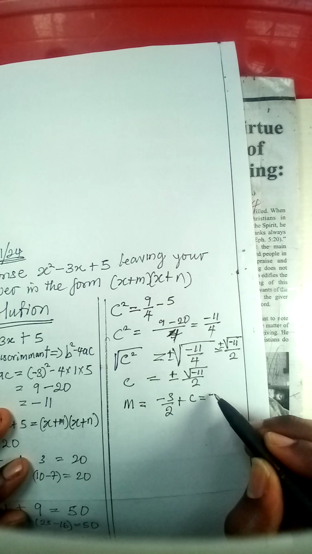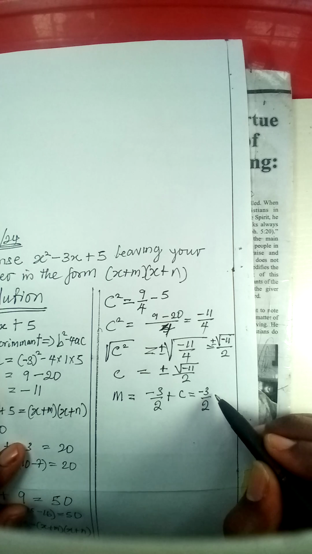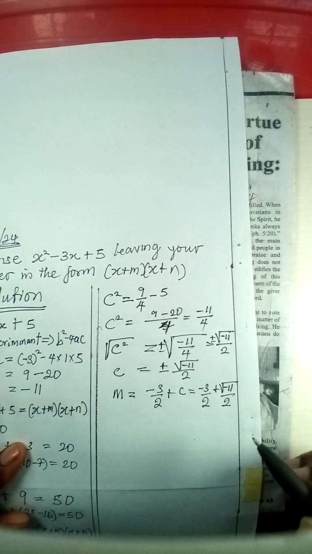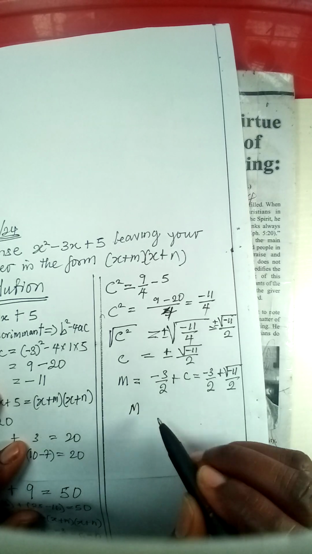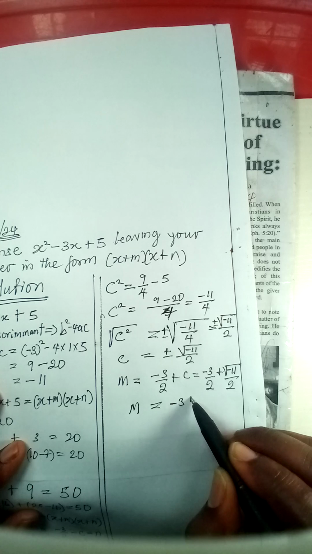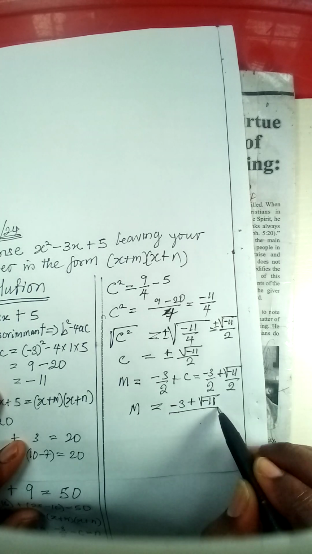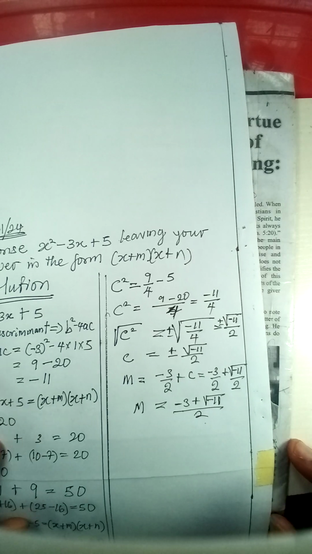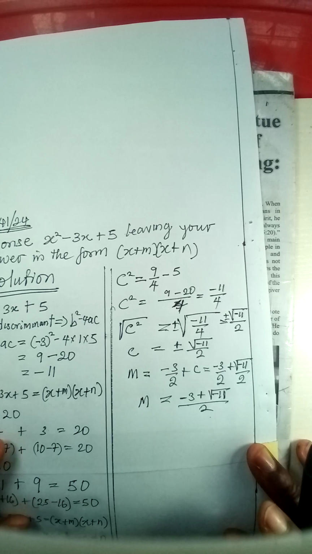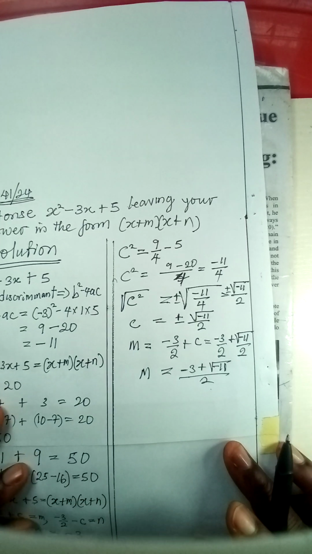This will be minus 3 over 2 plus root negative 11 over 2. Now that means my m is equal to negative 3 plus root negative 11 all over 2. That's my m. Like I said, this is a complex number, it's an imaginary number, so we're not going to write a final answer.